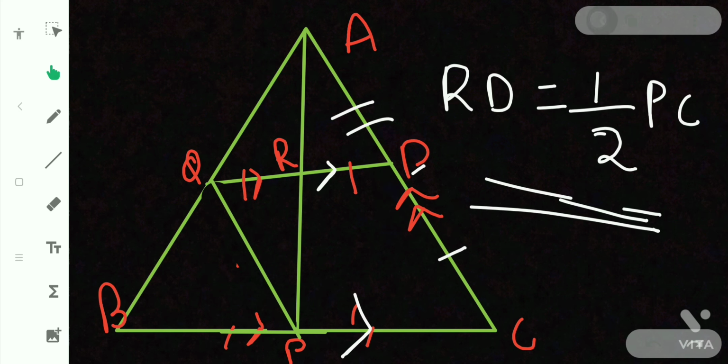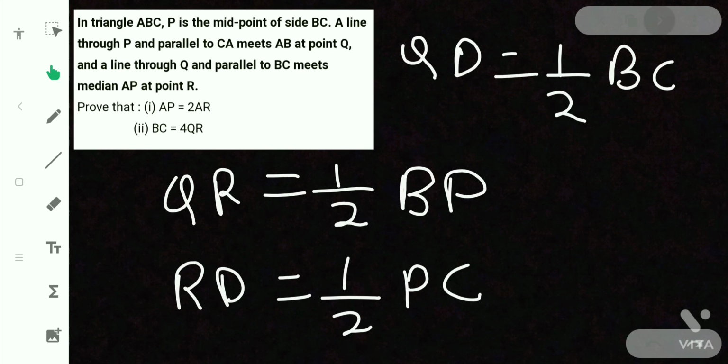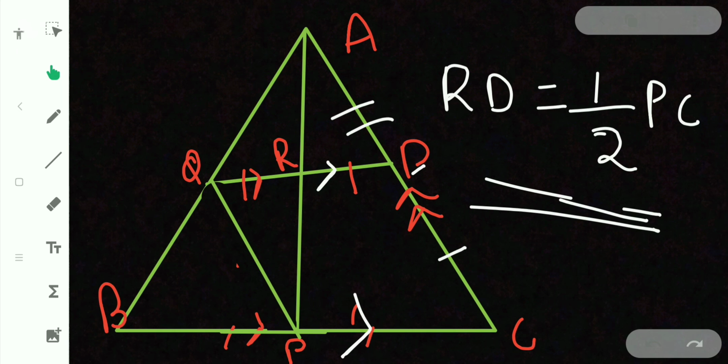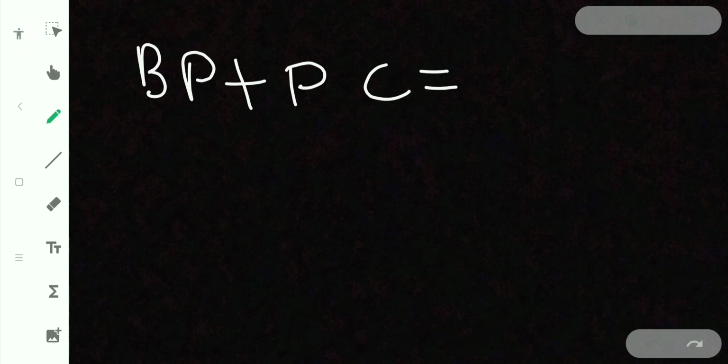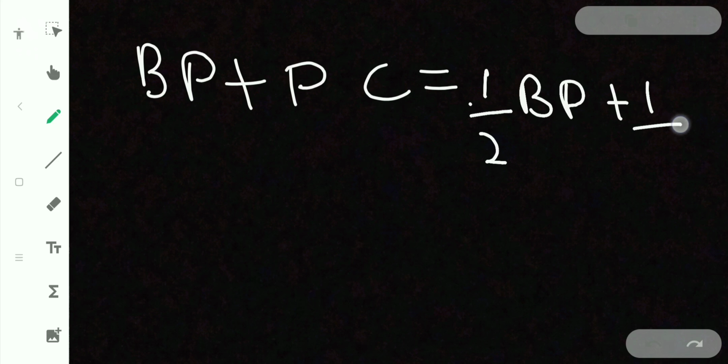RD you have as half of PC, and QR you have as half of BP. So half of BP plus half of PC.